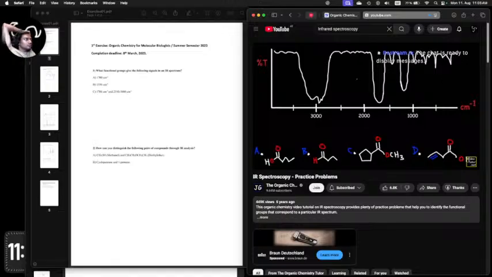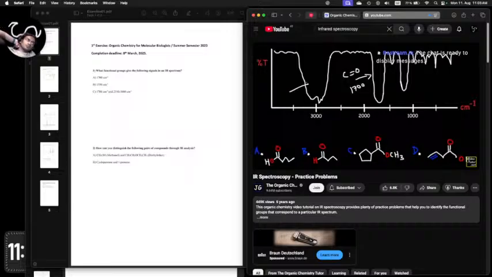So one of the first things we could see is that we have a carbonyl CO stretch near 1700. Now, all of the molecules that we have in our answer choices contain the carbonyl functional group. So that really doesn't help us.